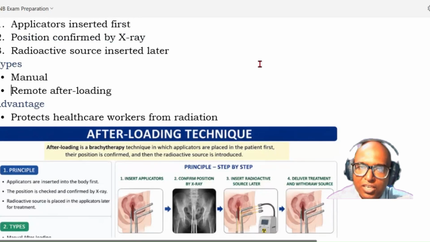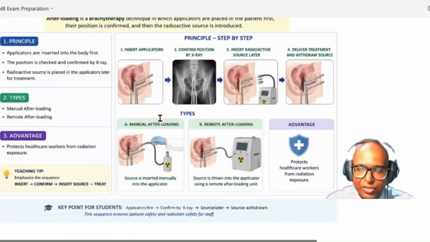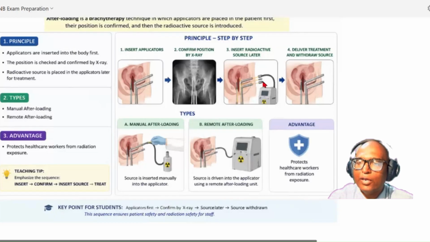So this insertion of the radioactive source is done in two ways. One is a manual method and another is remote afterloading. This remote afterloading method is better because it protects the health workers from the radiation. Okay. So these are the steps. First, you insert the applicator. You confirm the position of the applicator with the help of X-ray. Then you insert the radioactive source.